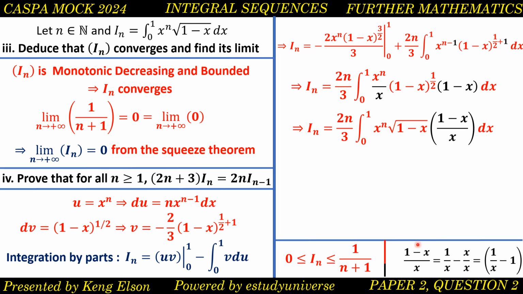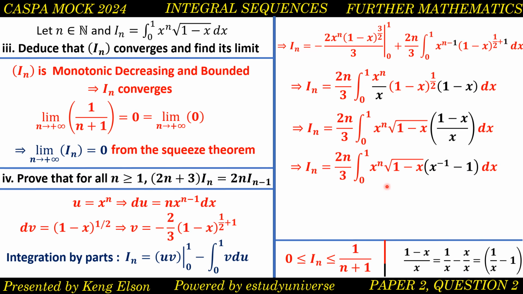Now 1 minus x on x is the same as 1 over x minus x over x. 1 over x stays as 1 over x, and x over x stays as 1. So 1 over x here is the same as x raised to the power negative 1. So basically we are going to replace this quantity here with x to the negative 1 minus 1. Okay, so doing that, we have x to the negative 1 minus 1.